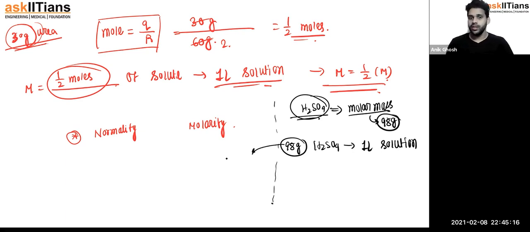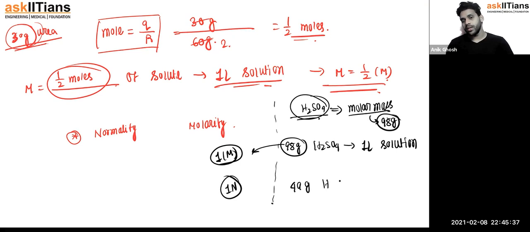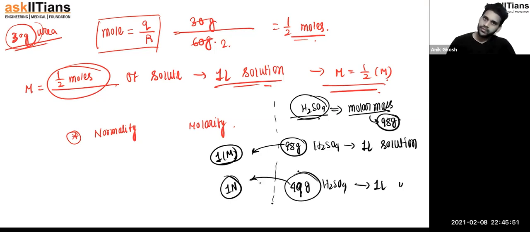Now, in a similar way, what do you mean by a 1 normal solution? A 1 normal solution uses gram equivalent weight. You have to divide this 98 by its valency, which is 2, and it comes to 49 grams of H2SO4. If this 49 grams of H2SO4 is in 1 liter of solution, it would give you a 1 normal solution. Clear?